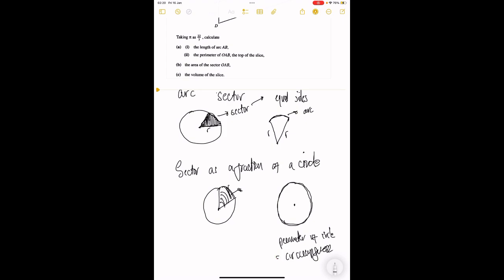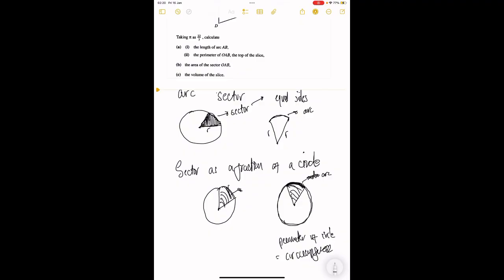Now, you have your sector, and this length here is the arc.